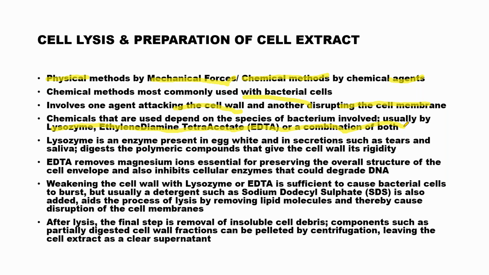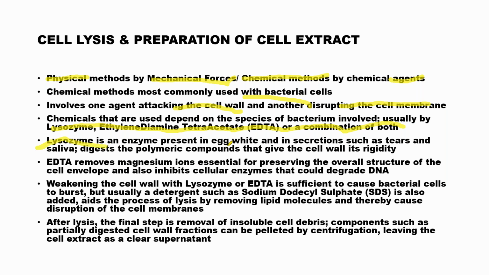We will use either the lysozyme enzyme, or EDTA, ethylene diamine tetraacetic acid, or a combination. Fine. Now, what is the action of each and every enzyme? So first one is lysozyme. If we are adding lysozyme, what is going to happen?